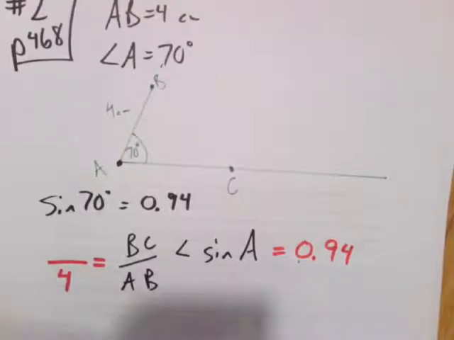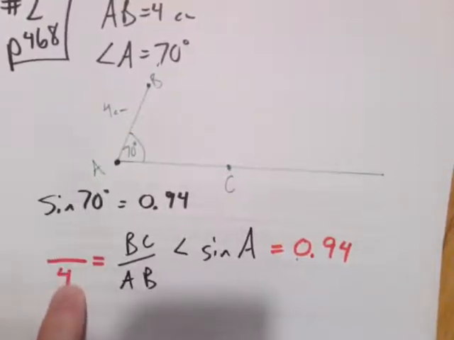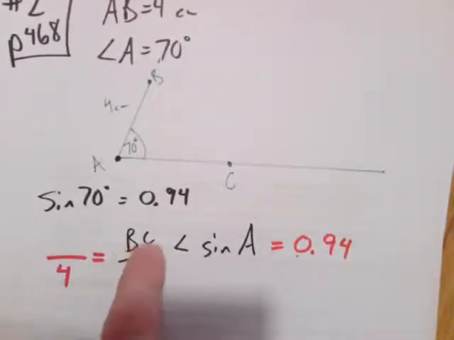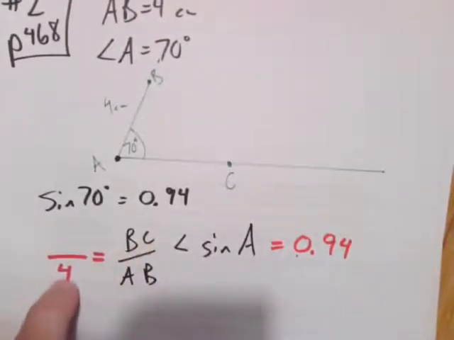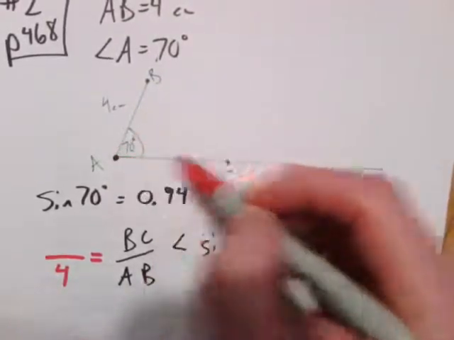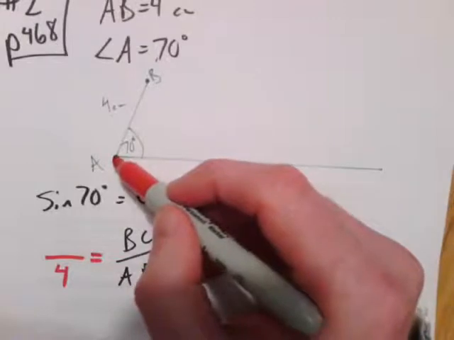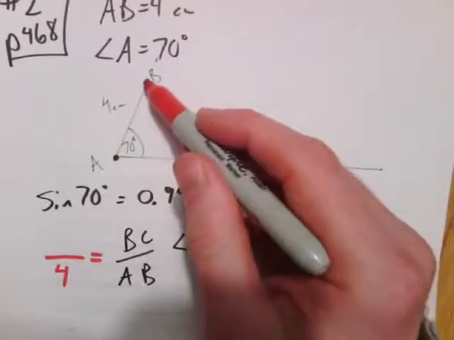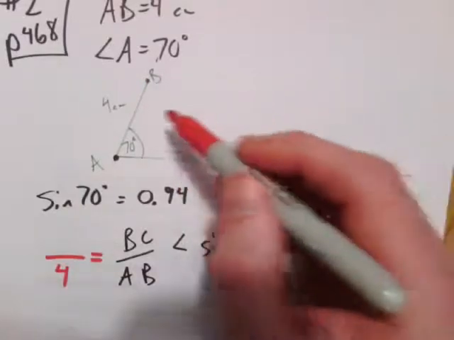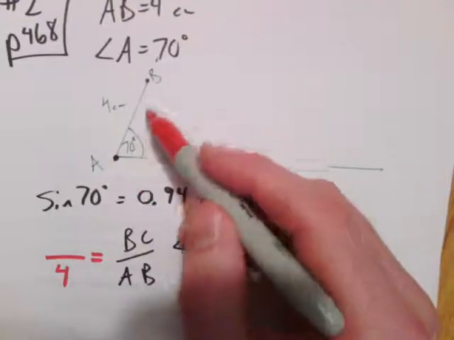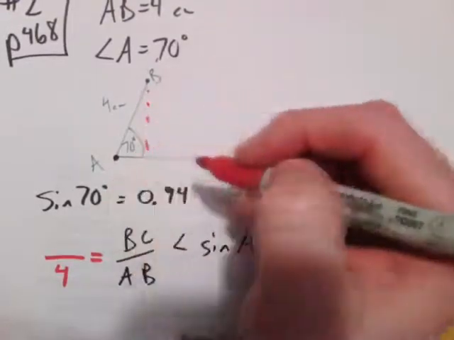Because if this is greater than 4, 5 over 4, for example, that's 1.25. 1.25 is not less than 0.94. It needs to be less, which means BC needs to be shorter than 4. Okay? This side needs to be shorter than 4. It can't be. If it is shorter than 4, then, well, I guess it could reach a little bit, but it's not going to. Like we can figure this side out.